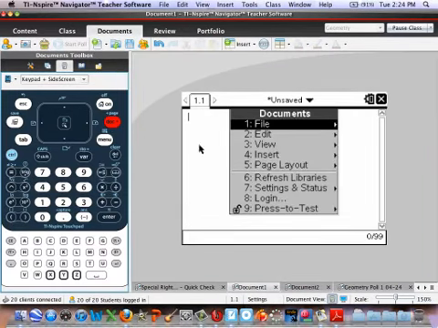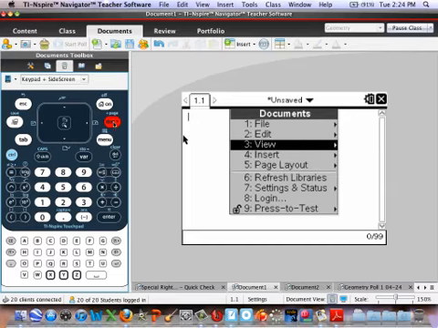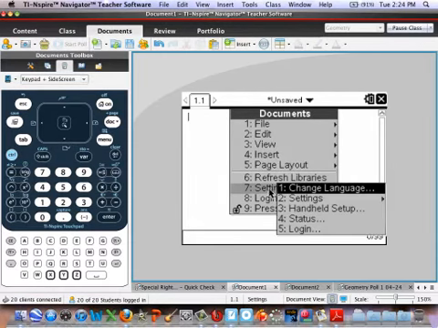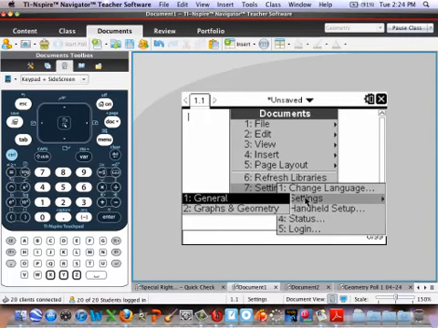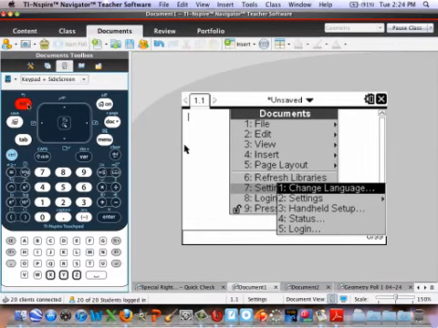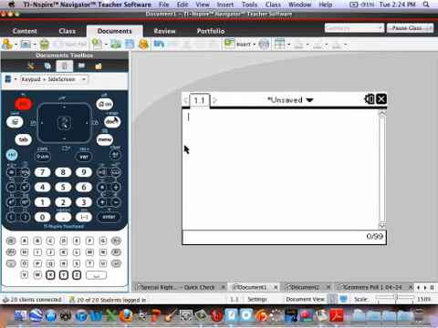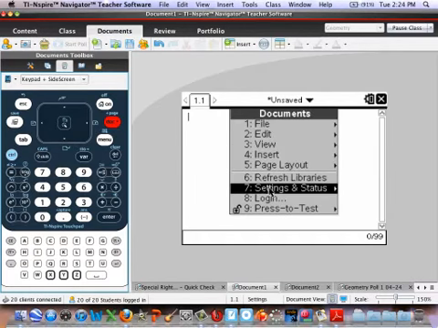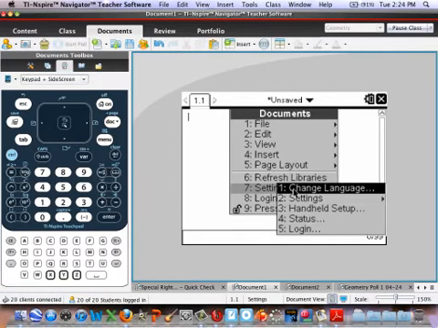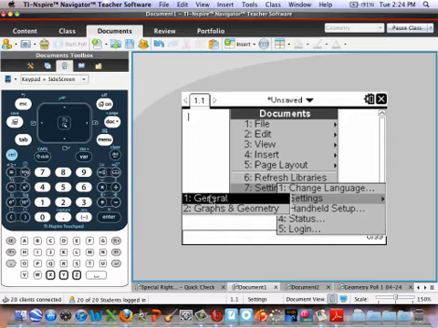Go to Document, 7 for Settings, 2 for Settings, number 1 for General.